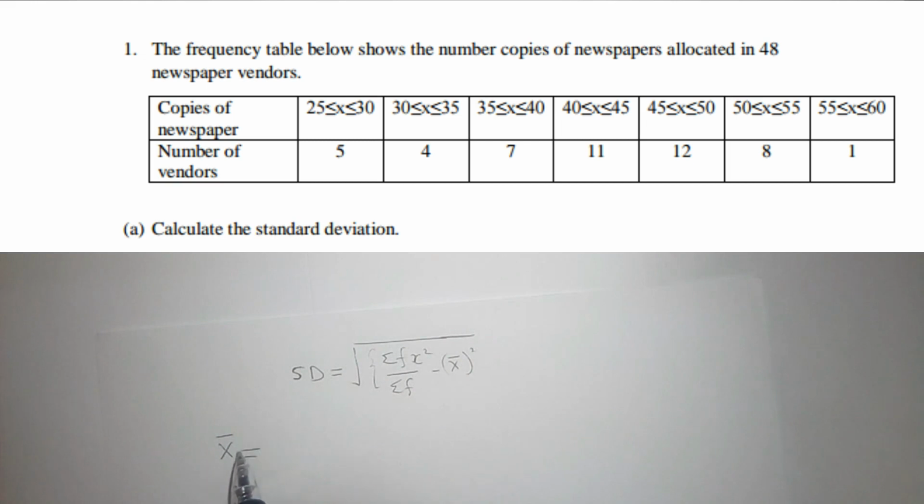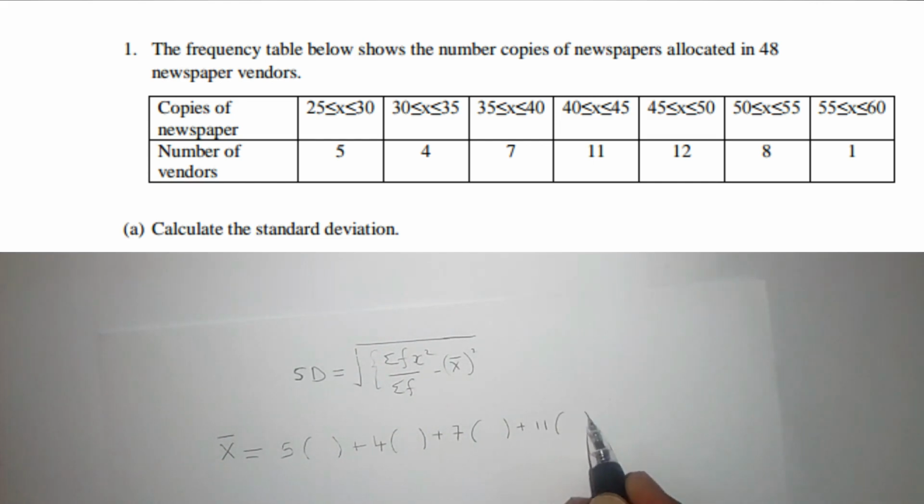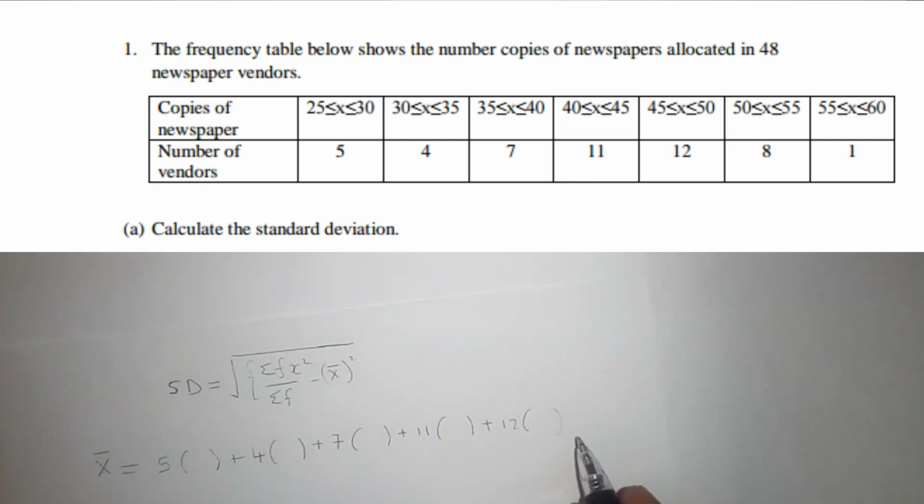For us to find our mean, let's check the table. We get the frequencies. So 5 plus 4 plus 7 plus 11 plus 12 plus 8 and plus 1, multiplied by the brackets.